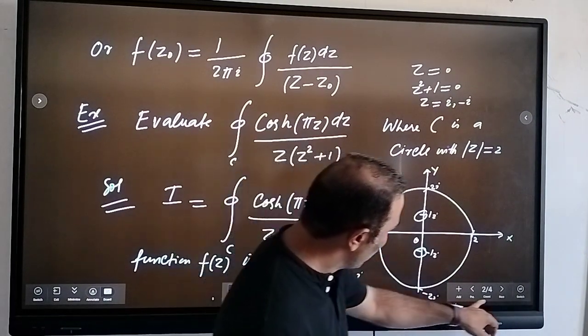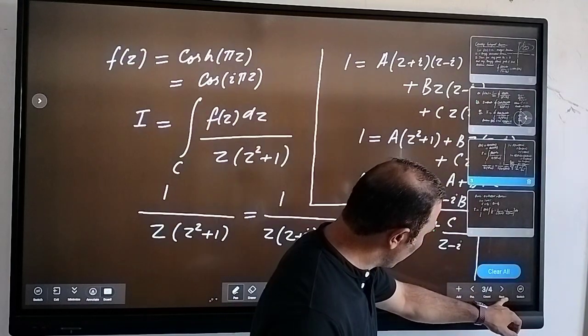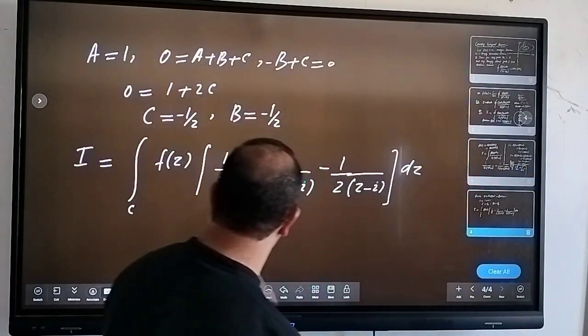So we can check that. Then we can write them. So we can solve this integral then.